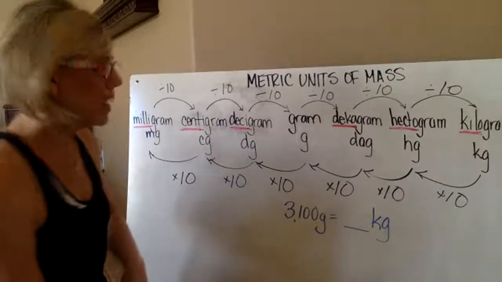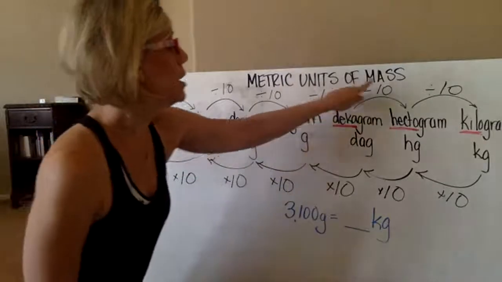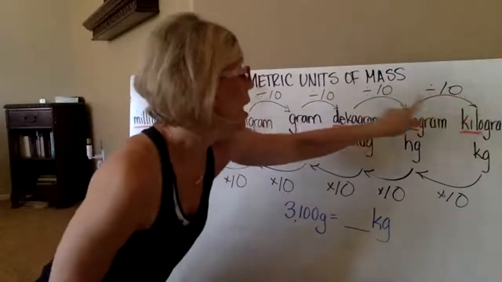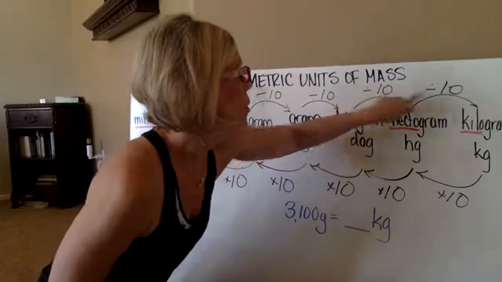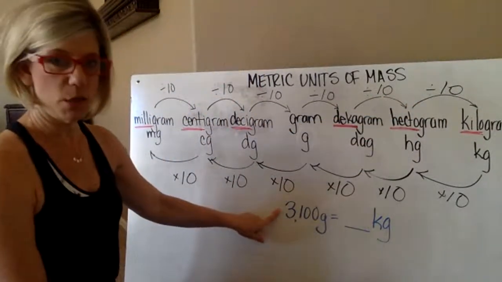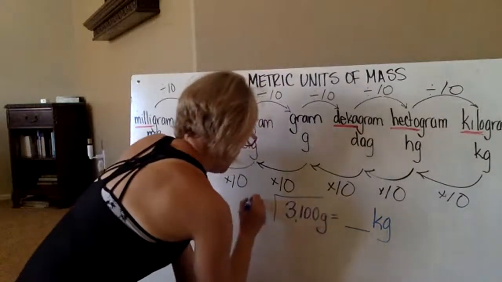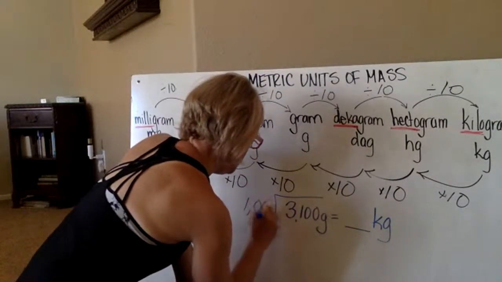So if we are dividing by 1, 2, 3, you're going to say 3 zeros gives me 1,000. So we're really taking 3,100 and dividing by 1,000.